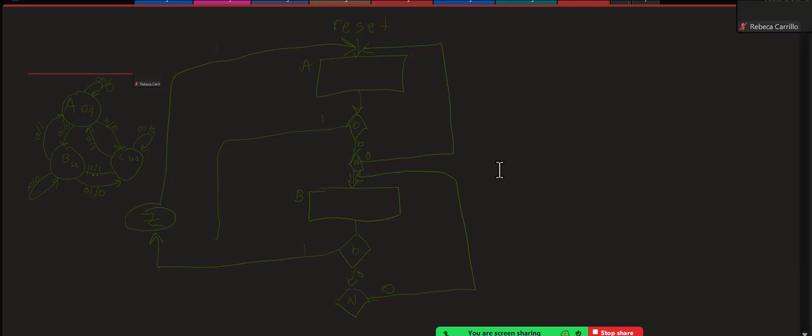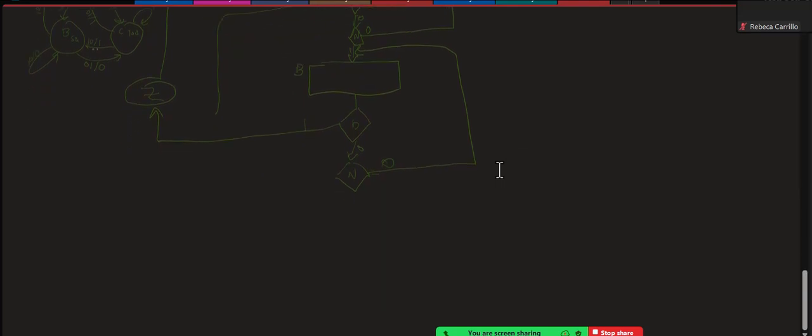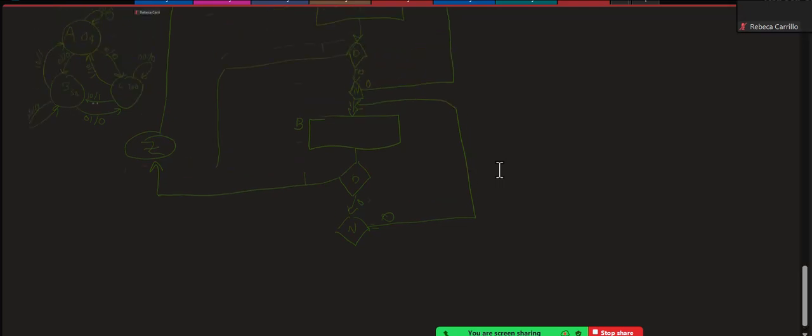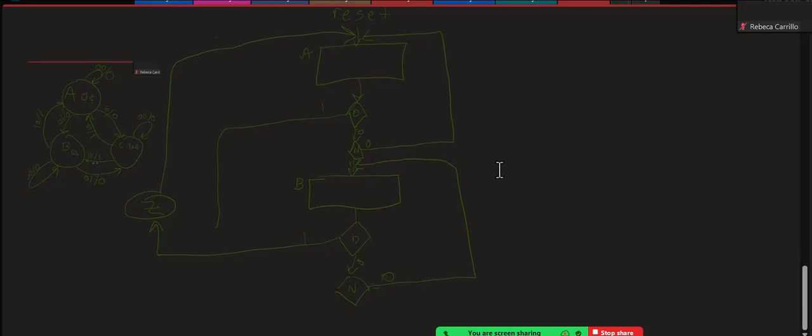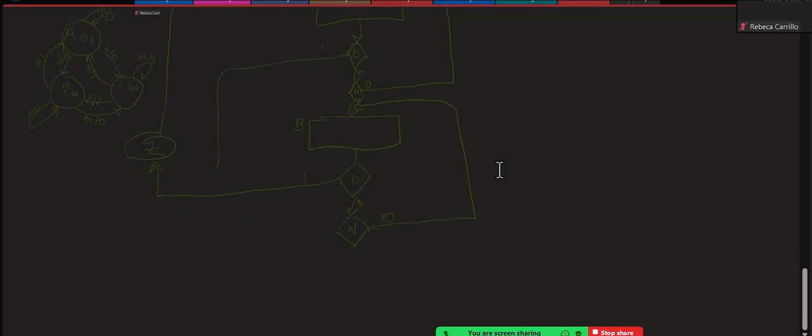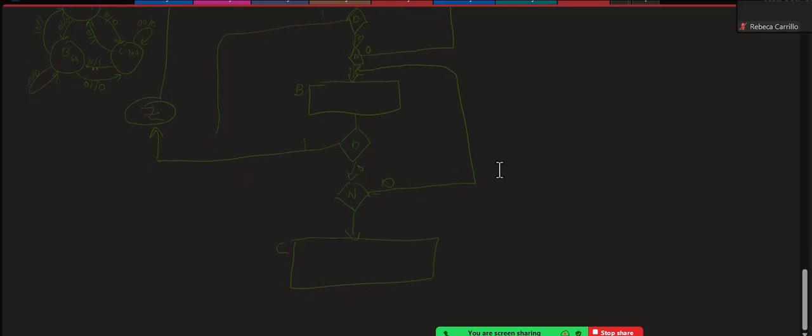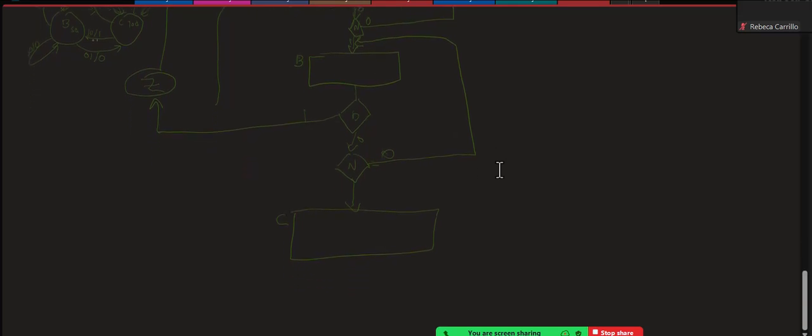Okay, and then from my nickel here, what do I have now? I had 5 cents, I didn't get a dime. Now if I get a nickel, I now have 10 cents, and that's the same as state C. So that's if I had a 1 there.